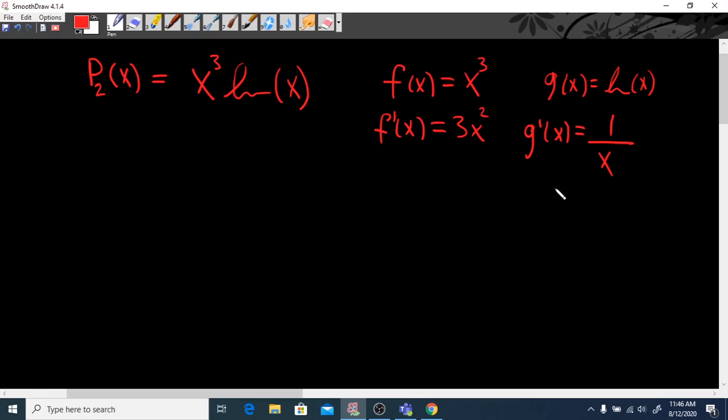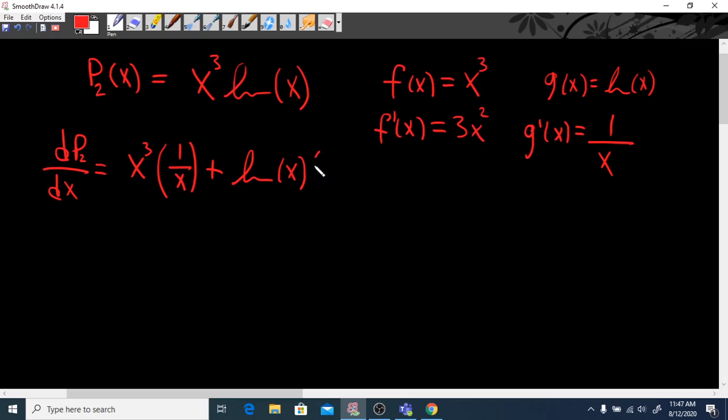All right. So, product rule, right? dP2 dx is going to be f, and then g with the derivative, plus g with no derivative, and then f with a derivative.